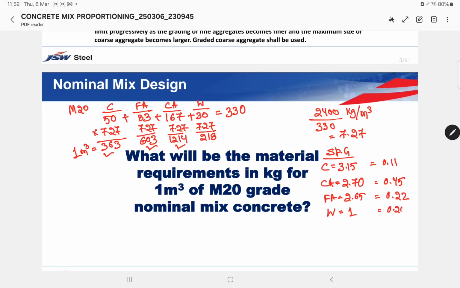And for water, 0.218. Now if I add all these volumes, let's see what I get. 0.11 plus 0.45 plus 0.22 plus 0.218, 0.998. So it is coming out to exactly 1 m³. So this is how you calculate quantities of material required for 1 m³ of concrete.